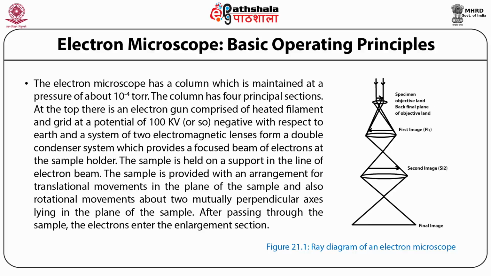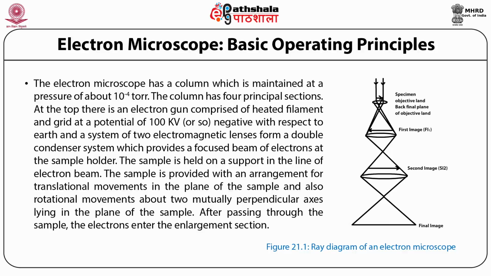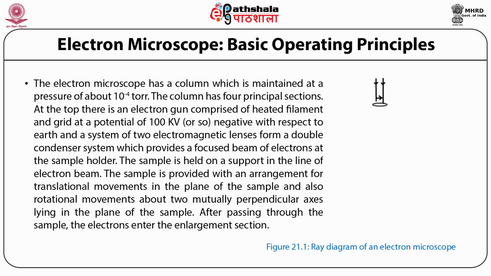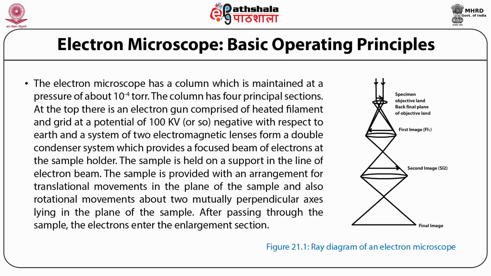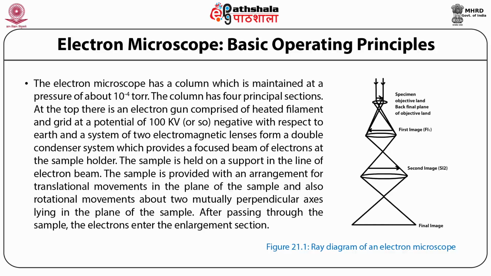The sample is held on a support in the line of the electron beam. The sample is provided with an arrangement for translational movements in the plane of the sample and also rotational movements about two mutually perpendicular axes lying in the plane of the sample.